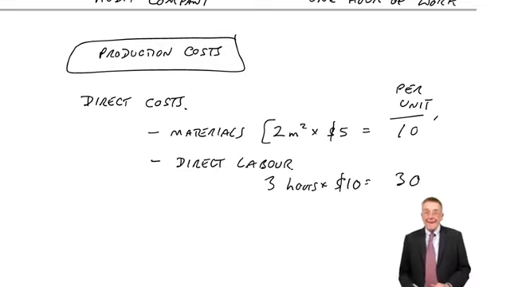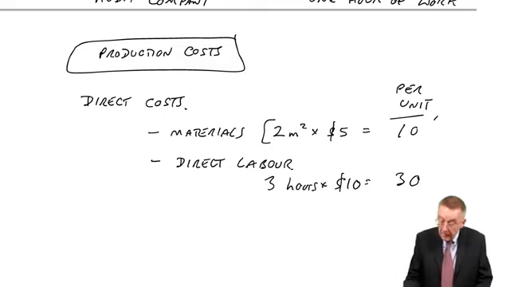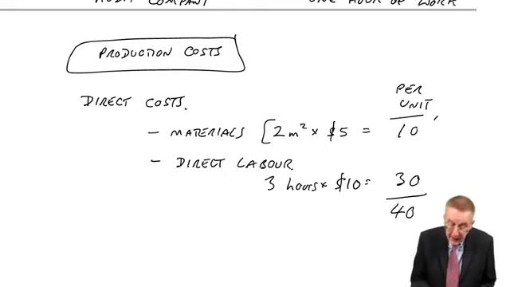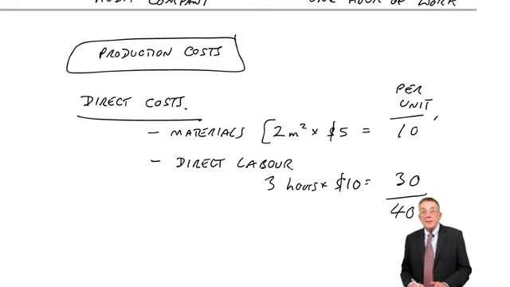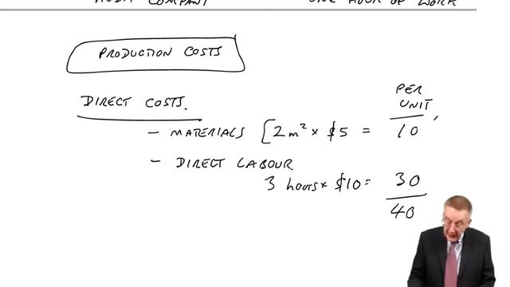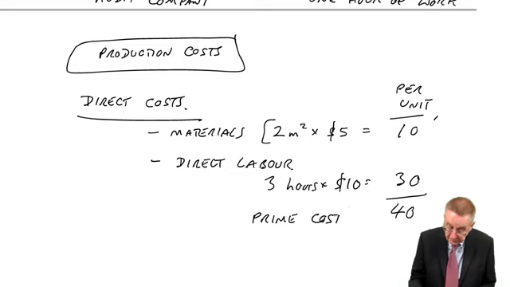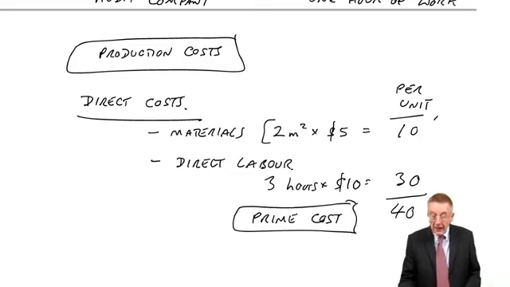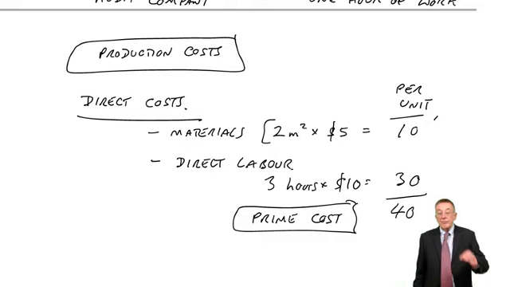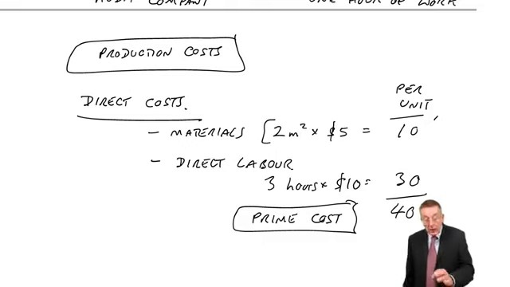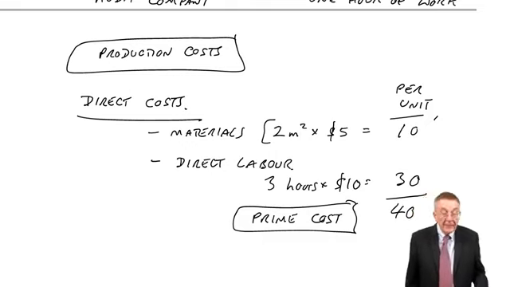That's 30. And so the total cost so far is 40. These are the direct costs. And the total, that 40, is called the prime cost. So it's only terminology. The direct costs and the total of them is the prime cost.